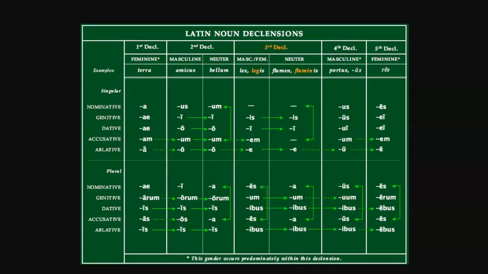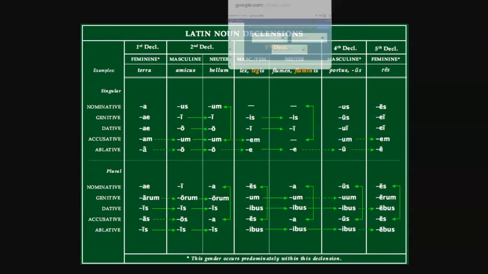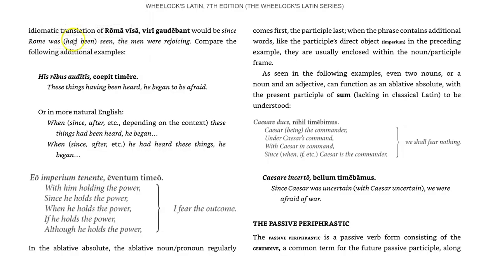So again, just looking at our chart here, you can see that it's in the ablative second declension -is. So because we have an ablative participle ending, but the noun that is included in the statement is also in the ablative, that is what makes it an ablative absolute. So again, this is just part of Latin, that Latin uses grammatical concepts that we don't use in English. So we have to just be aware of that.